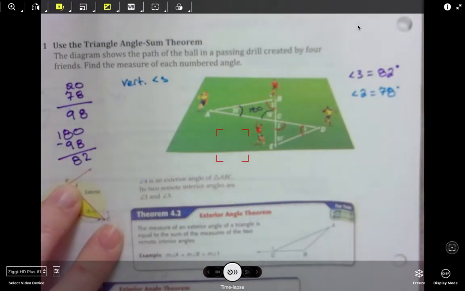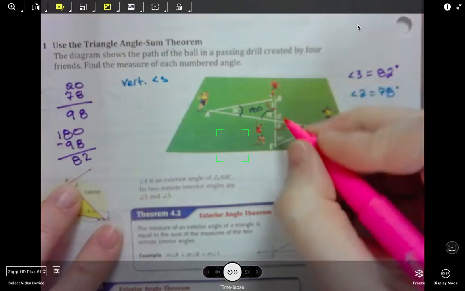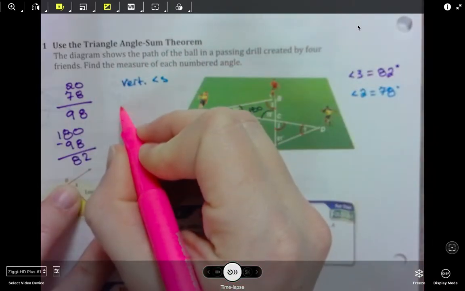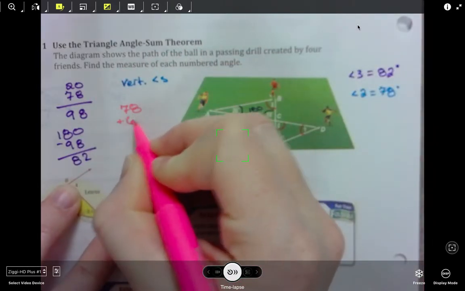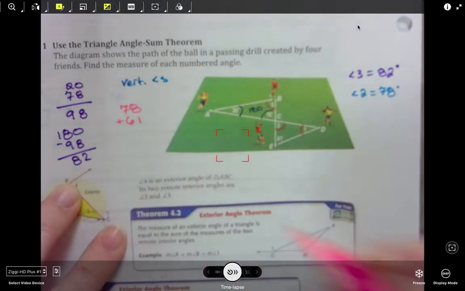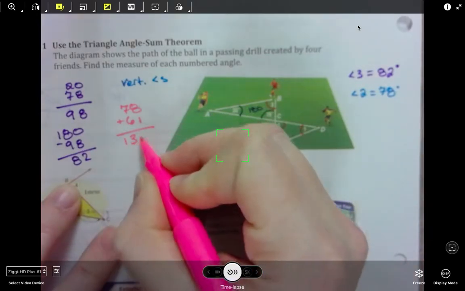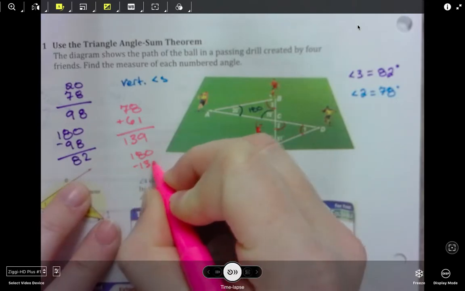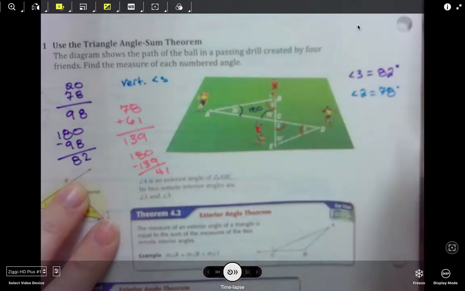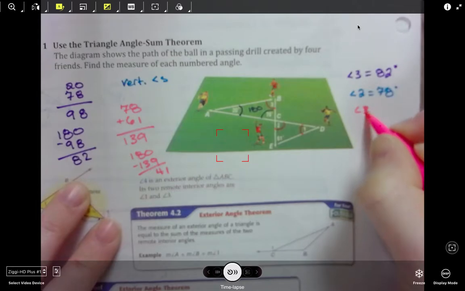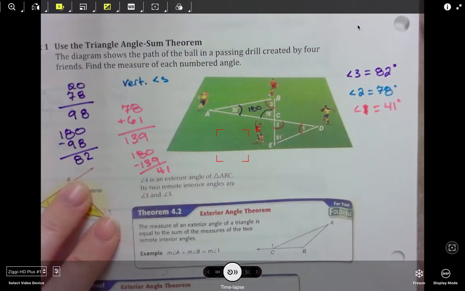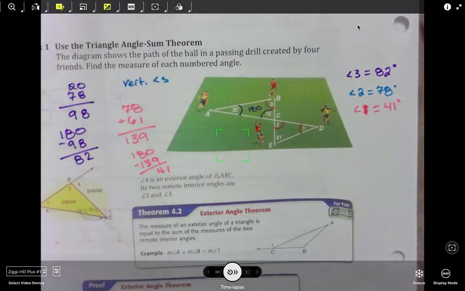And then angle 1, if angle 2 is 78, let's see, 78 plus 61 gives me 139. And if I subtract 139 from 180, that's 41. So angle 1 is 41 degrees. There we go. We went in a different order, and that's a-okay.